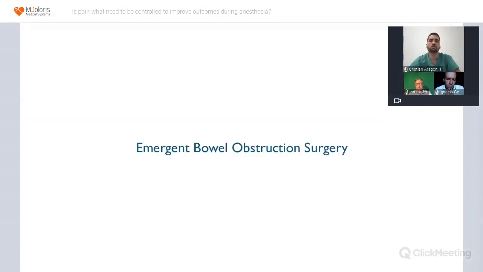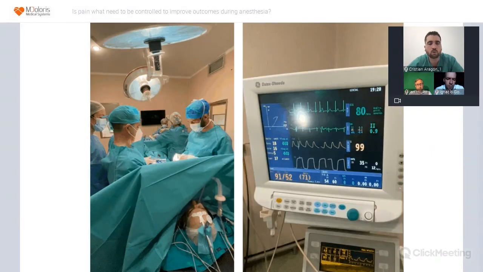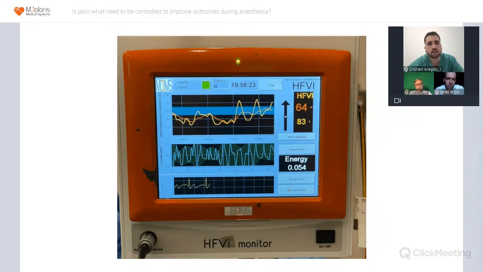Lastly, I'm going to show you two cases of surgeries in critically ill patients. This is a case I had a few weeks ago. It was an emergency in an oncological patient with an intestinal obstruction with sepsis and hemodynamic instability. In this case, we can see a particular thing, which is that the patient had unusually low energy values.